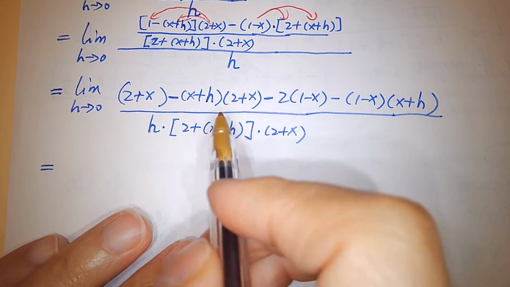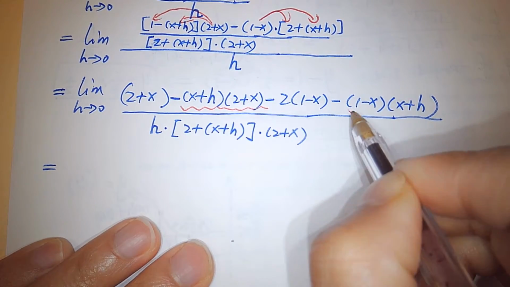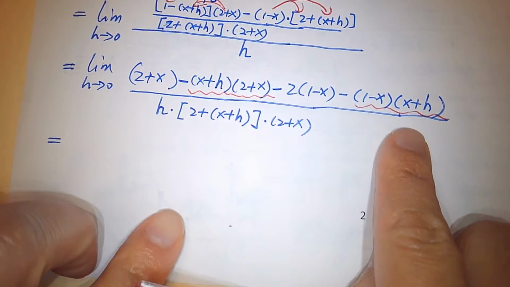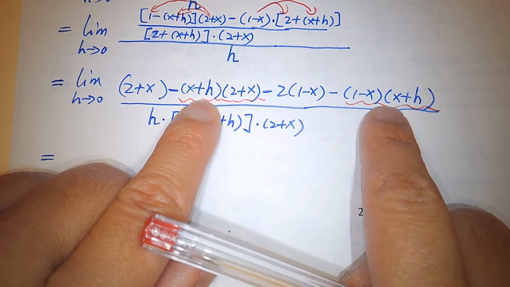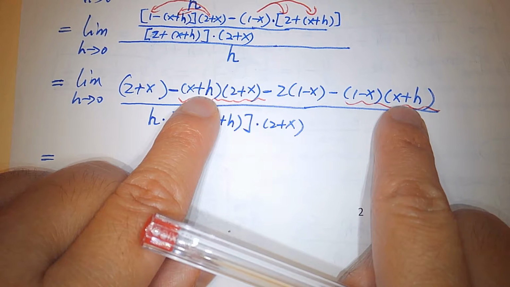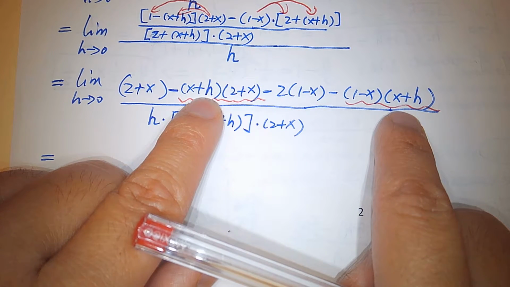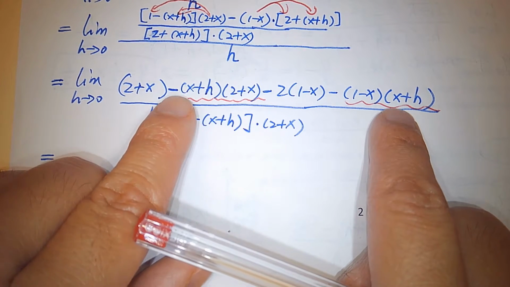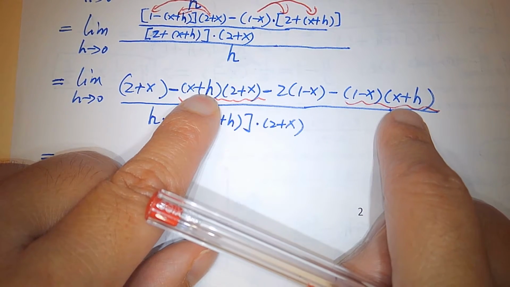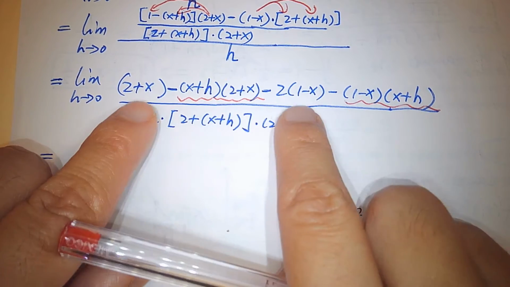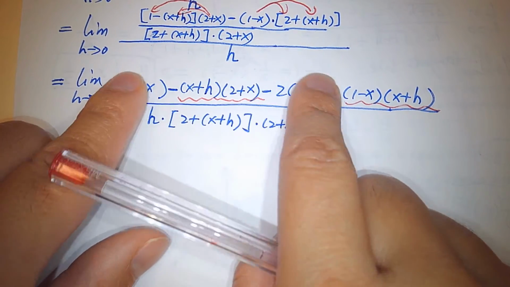Now we're going to simplify, okay? I say these two terms, they are like terms. Why they're like terms? Because for these two terms, both of them have a what? Negative x plus h as a factor. Do you see that? And then these two terms, I will simplify them directly, okay?